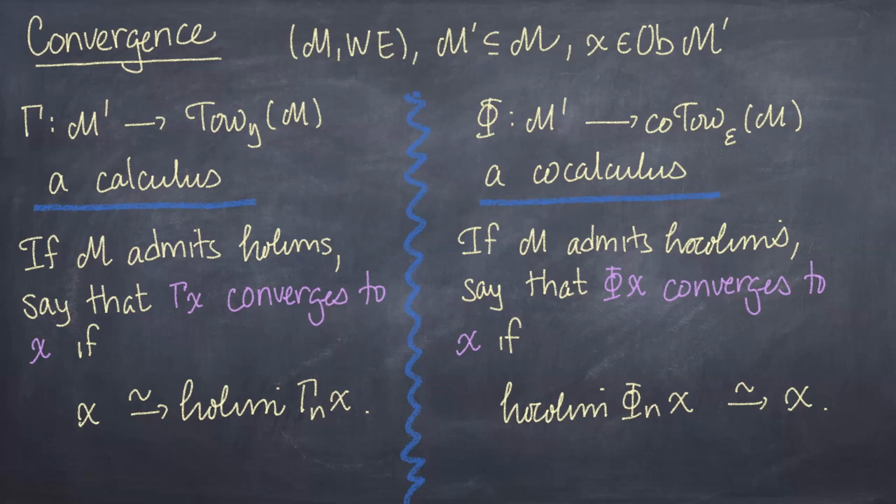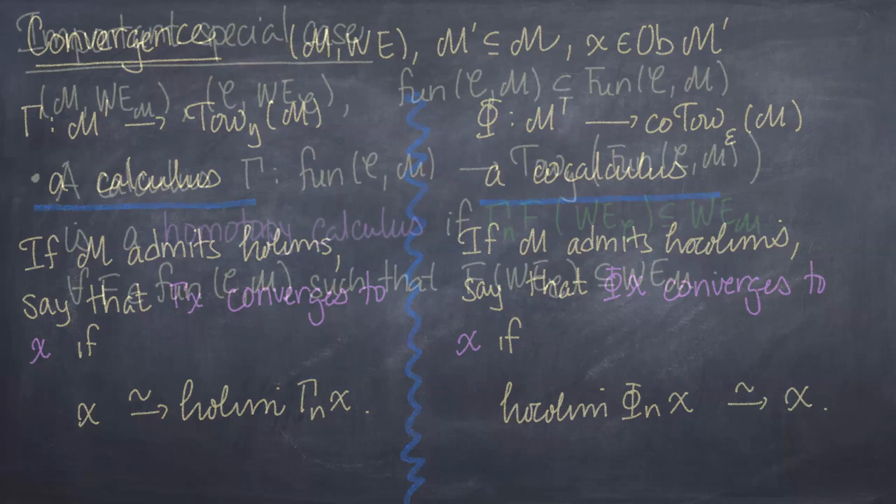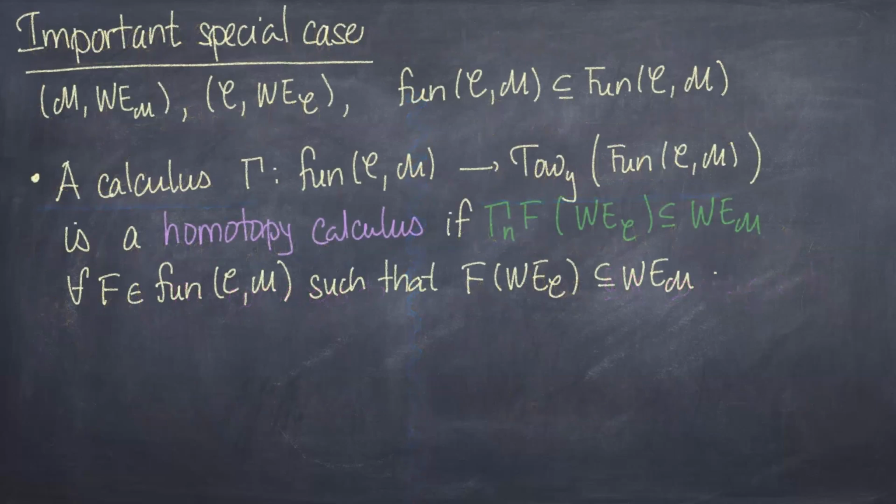But when we're in a context, again, where there are weak equivalences, often one of the important cases we care about is when we're looking at functors out of some category that's equipped with weak equivalences into some other category that's equipped with weak equivalences.